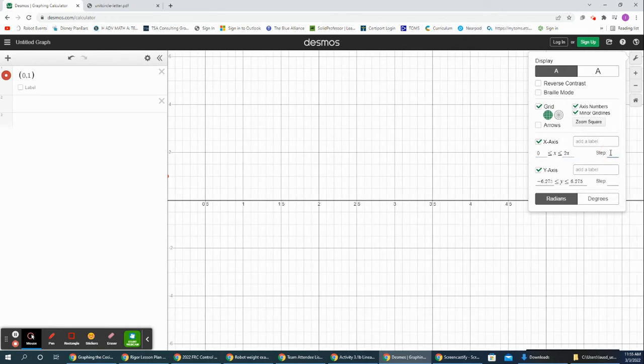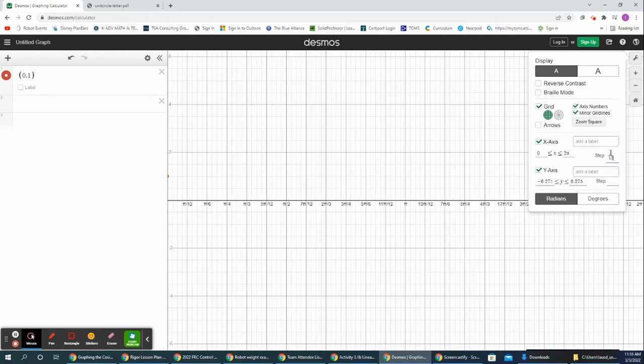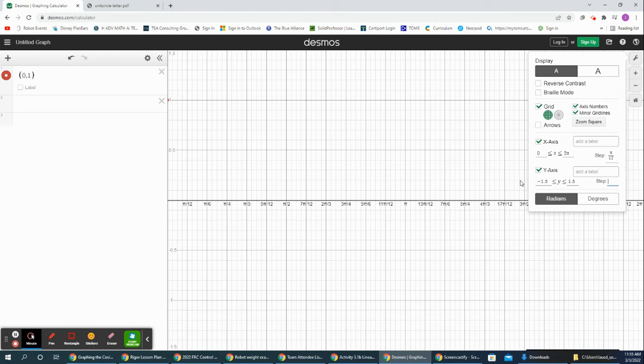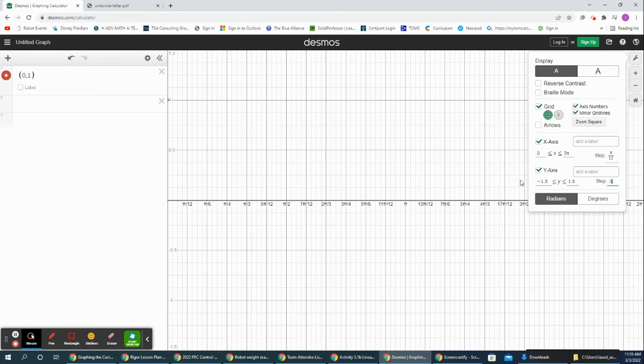And then the step for that, let's do pi over 12, just like we did for sine. Okay, for the y-axis, let's go from negative 1.5 to 1.5. And our step would be 0.5, which is half. Okay? And then we're going to stay in radians.